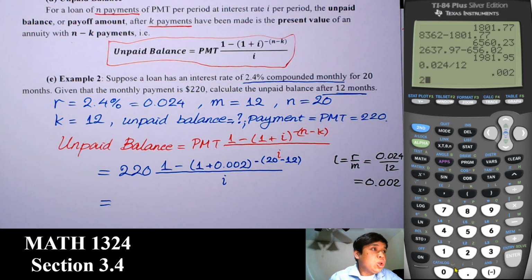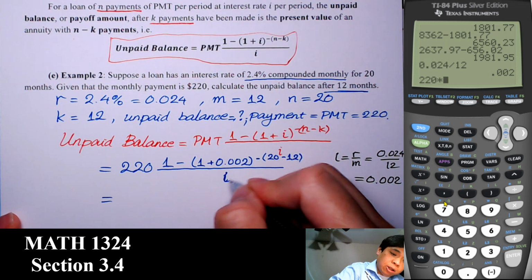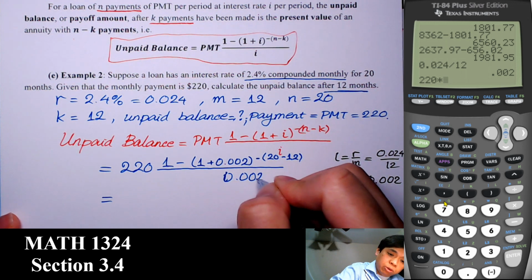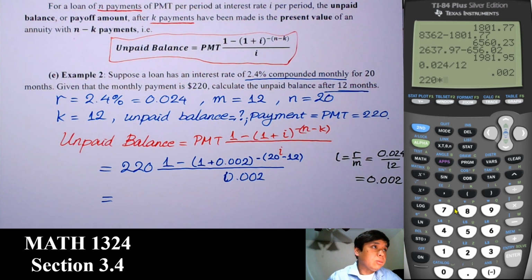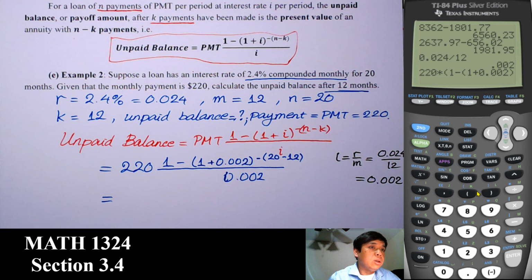Right, 220 payments times, i is 0.002. Big parentheses: 1 minus 1 plus 0.002 to the power of negative 20 minus 12, that's 8. Just put 8.